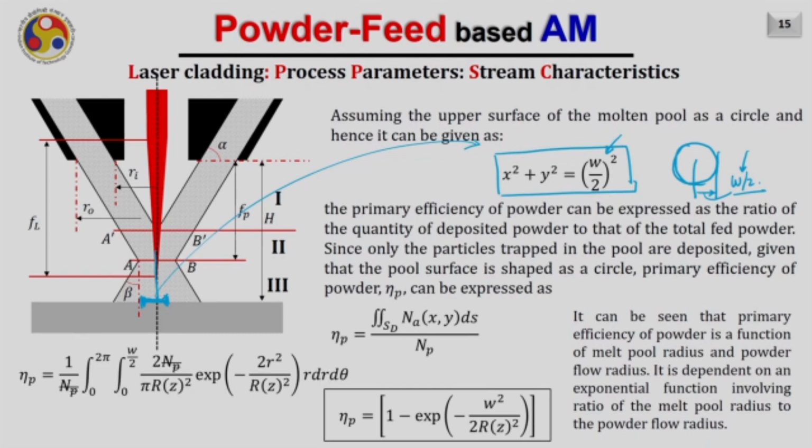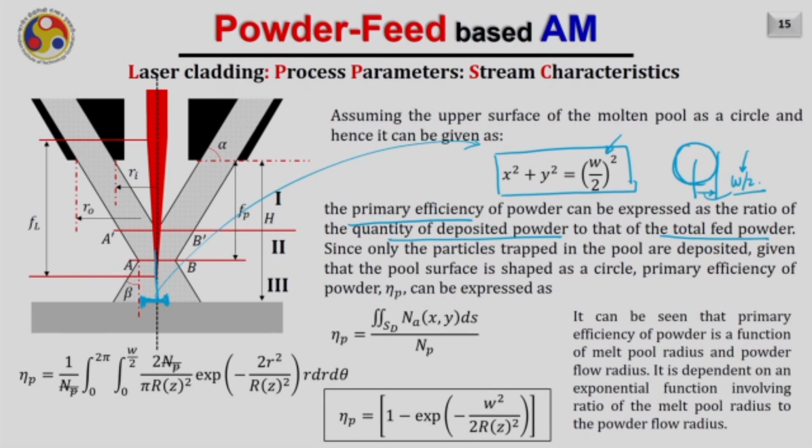Now, let us try to find out the catchment efficiency of the powder. The catchment efficiency or the primary efficiency of the powder can be expressed as the ratio of the quantity of deposited powder to that of the total powder fed into that zone.